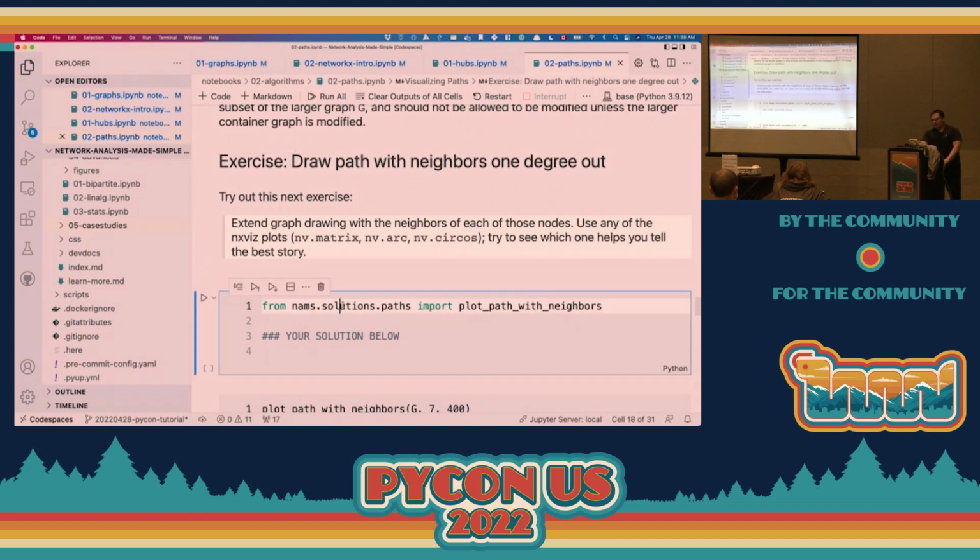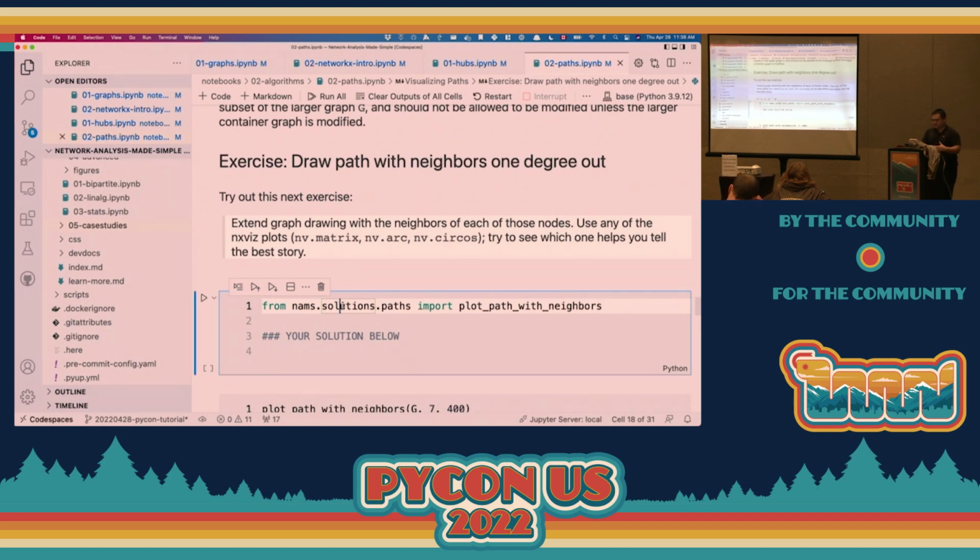Okay, so one of the things that we might want to do is grab out the chain graph of interest, but also visualize the nodes that are 1 degree of separation off the nodes on the chain, right? This gives us a little sense of the local context of the chain in the broader graph.